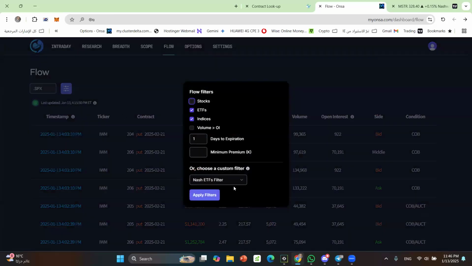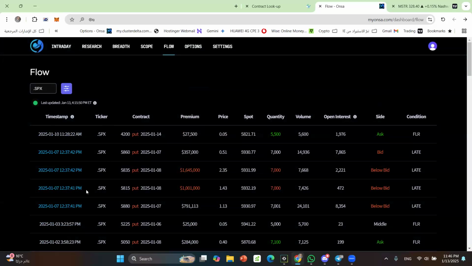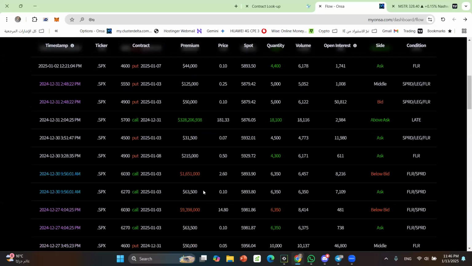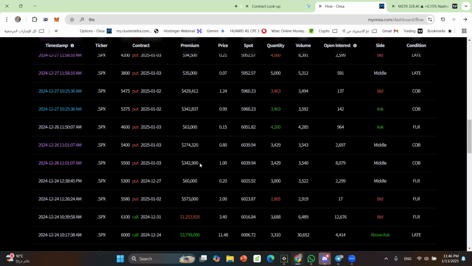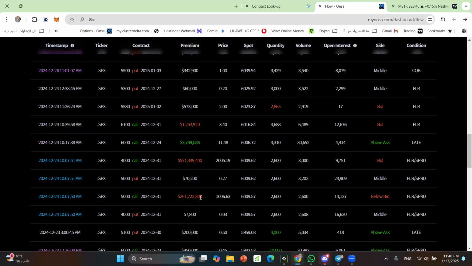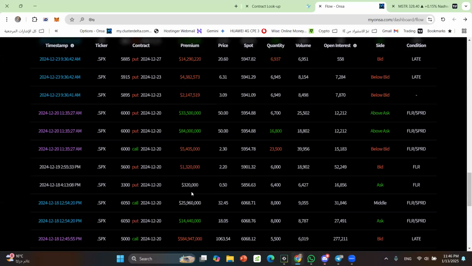Or, as I told you, just use the general one, just to notice the SPX contracts, and try to find out what the big amounts are, and what's behind those levels. It's very important.